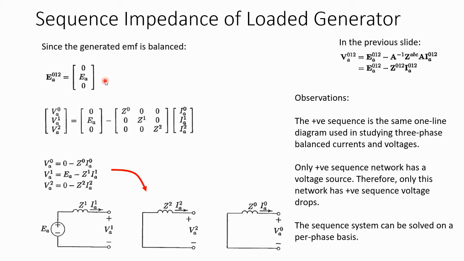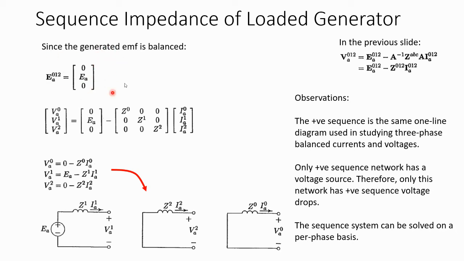In those balanced systems, by default, we are actually performing the analysis on the positive sequence, because the zero sequence and the negative sequence components are 0.